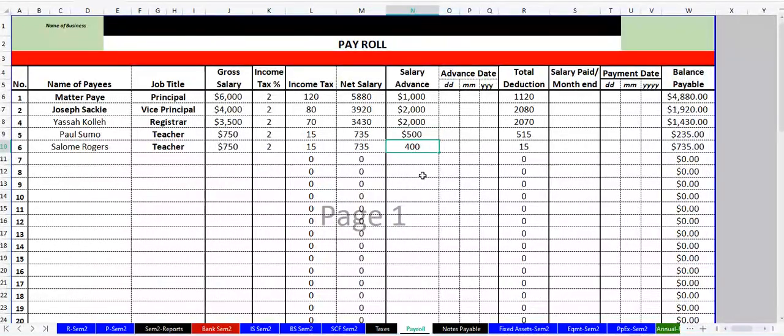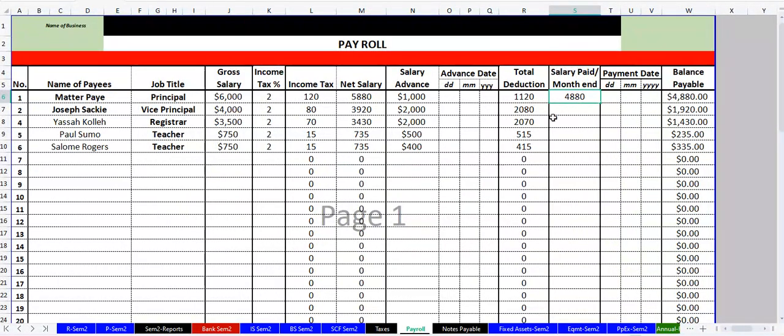So if you come here now, you observe that this time around we try not to owe the principal, so we pay 4,880.